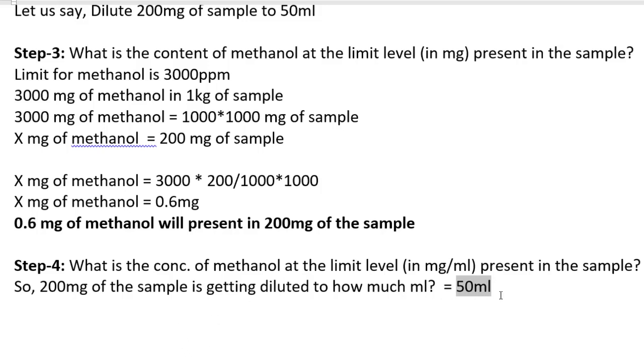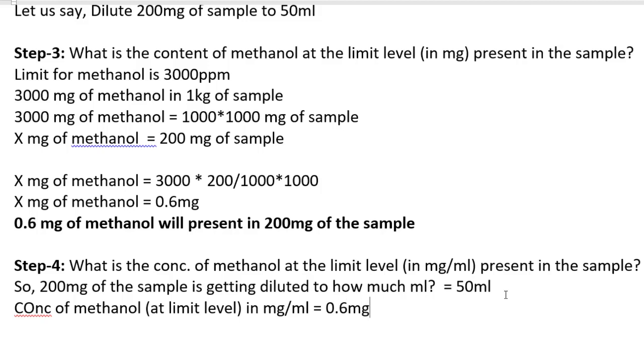It will get diluted to 50 ml. So can I say that the concentration of methanol at limit level, in mg per ml, is equal to 0.6 mg diluted to 50 ml.